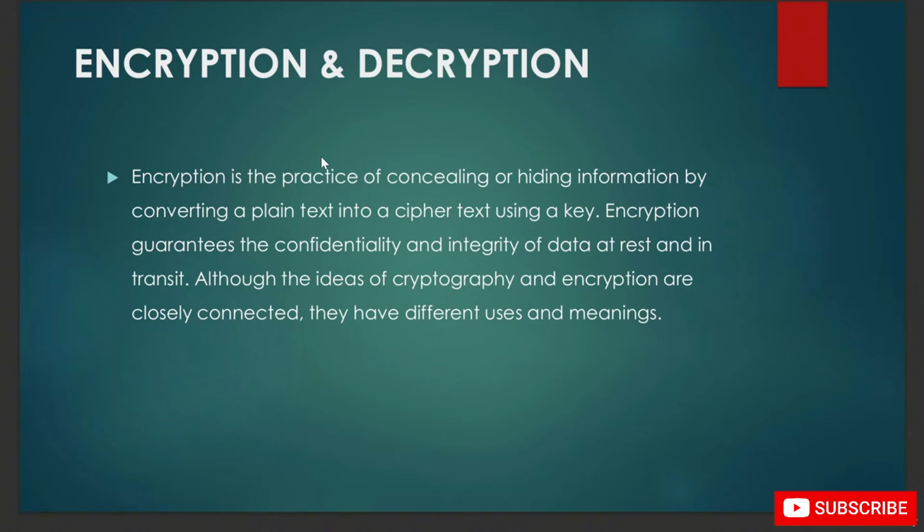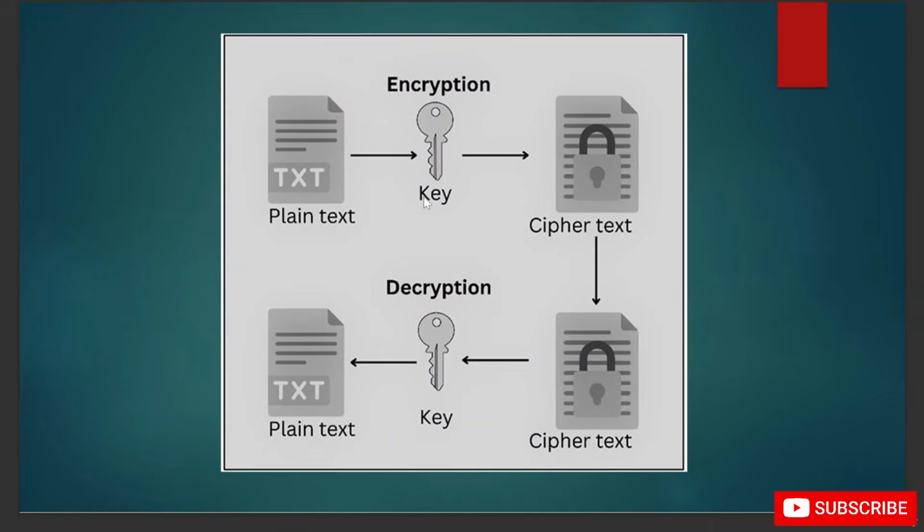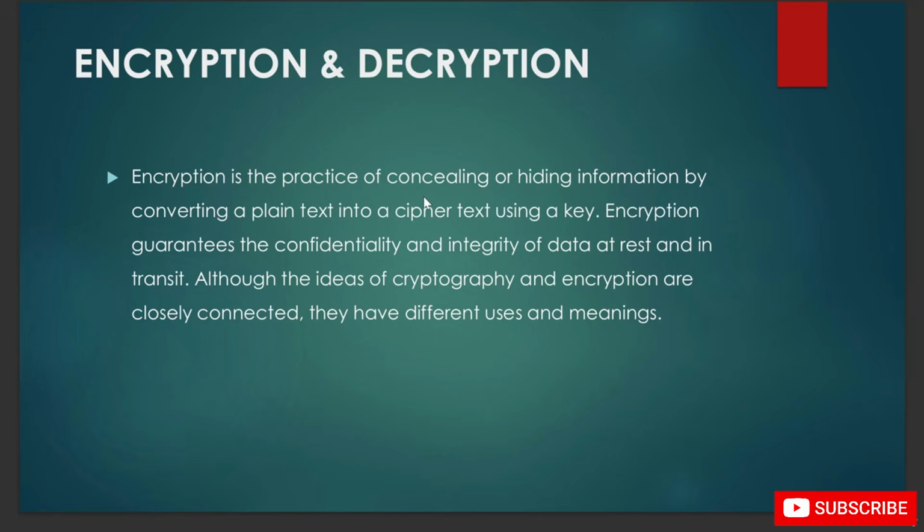Right, so here we talk about encryption and decryption. It was necessary for me to show you this picture so that you have a visual representation of how encryption and decryption takes place.